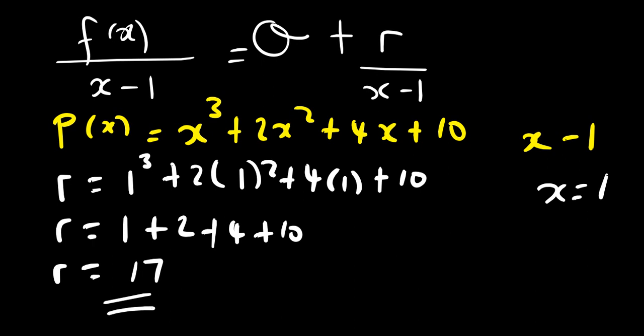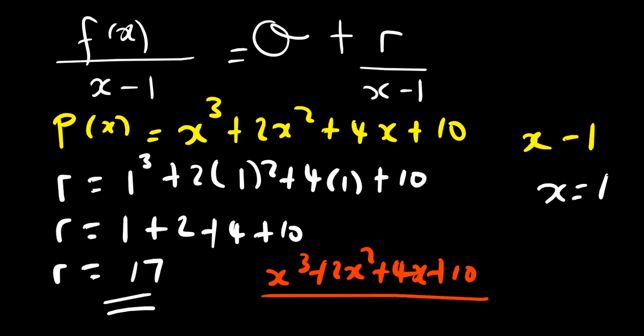So how are you going to represent it? You write your polynomial, which is x to the power 3 plus 2x squared plus 4x plus 10, everything over what was your divisor?